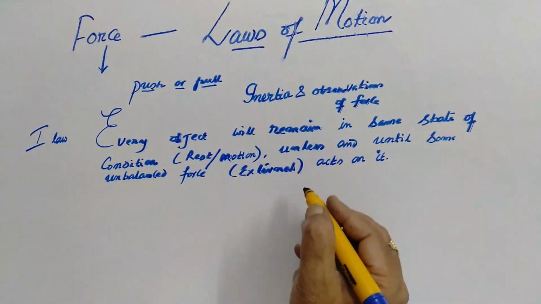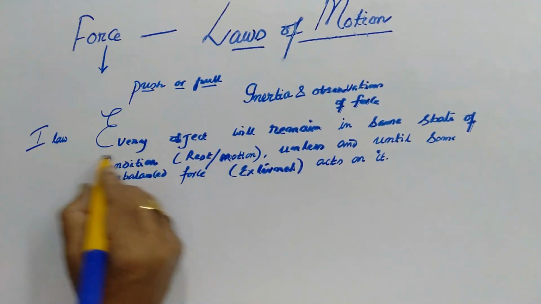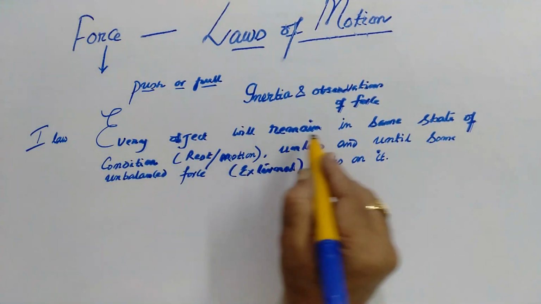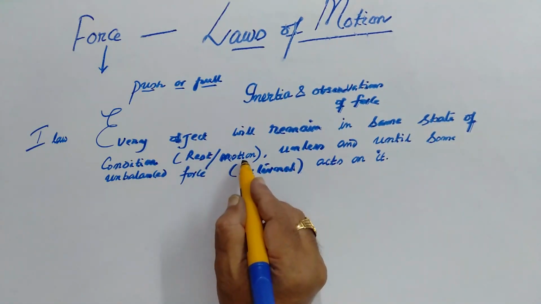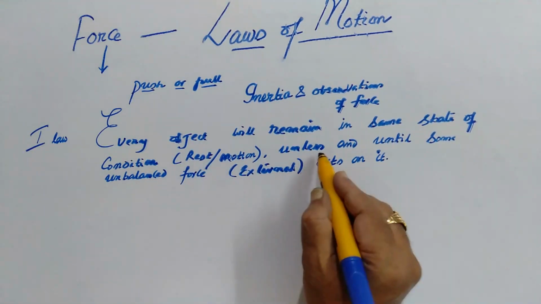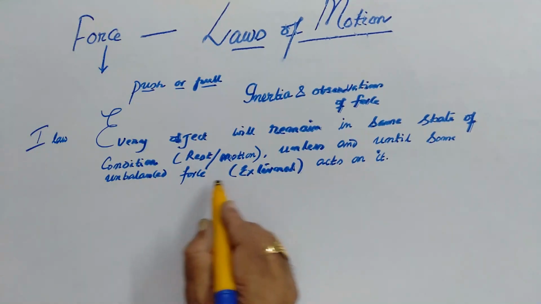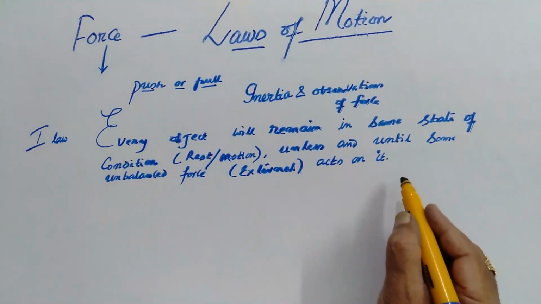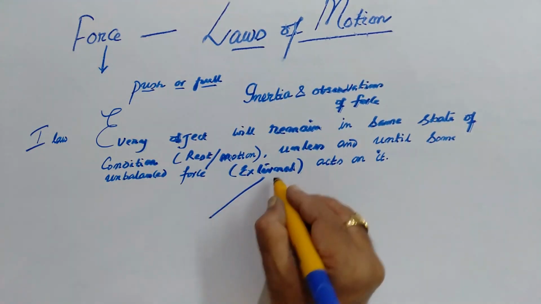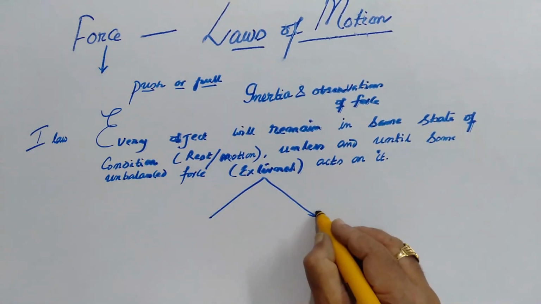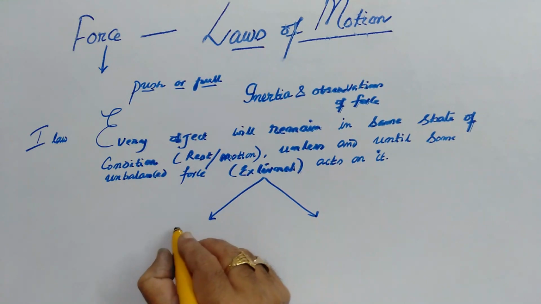This first law, what's the statement? Every object will remain in the same state of condition, that is either at rest or in motion, unless and until some unbalanced external force acts on it. So this reveals two concepts. One, it is talking about inertia.